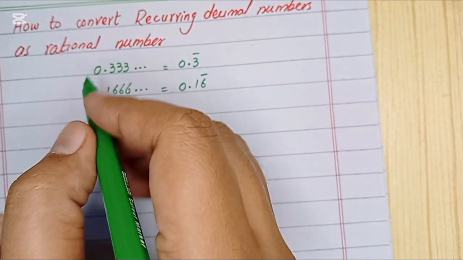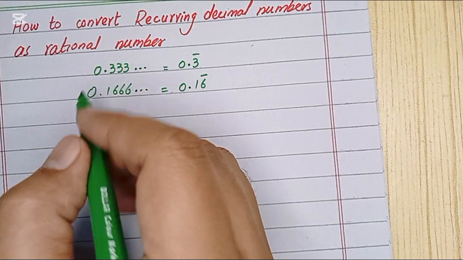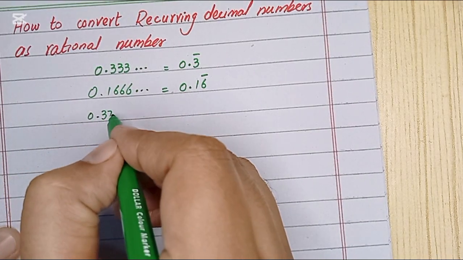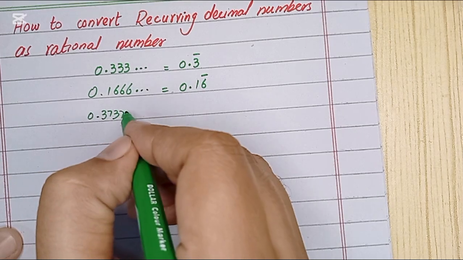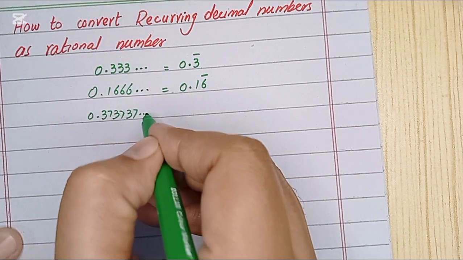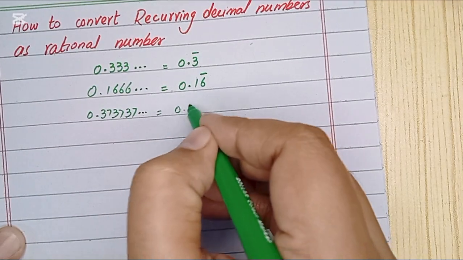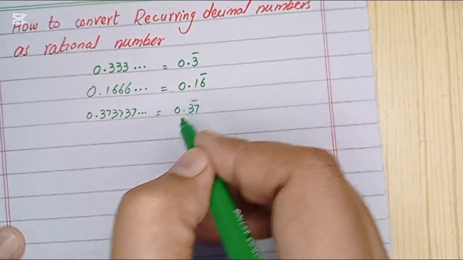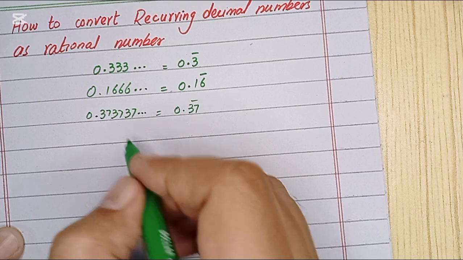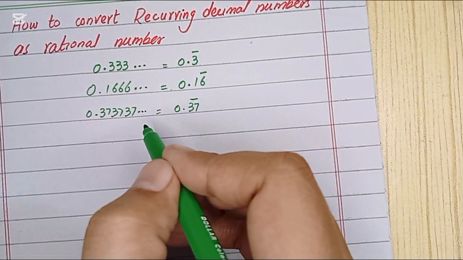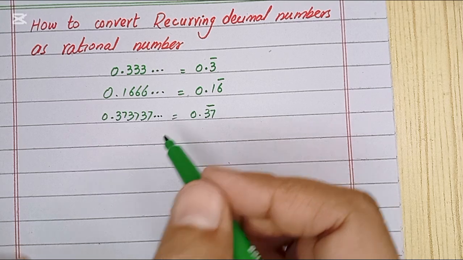If we have more than 1 digit repeating in a pattern, we will show the bar on all the digits which are repeating.